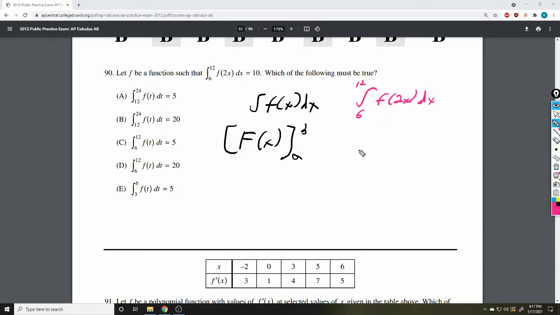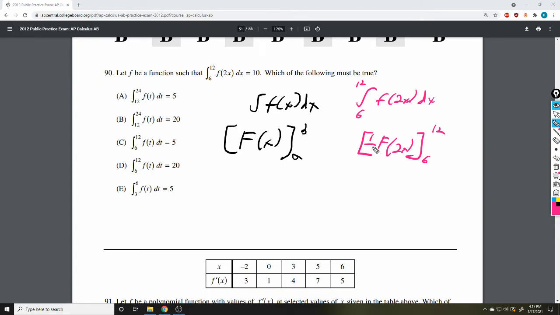So first of all, the antiderivative there will be capital F of 2x. But right now, the derivative of capital F of 2x is f of 2x, but then that's going to need the chain rule.